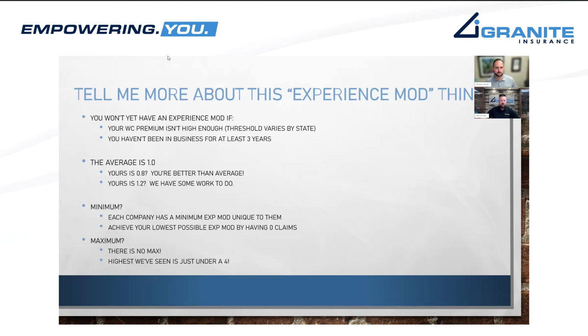I got distracted there because I see a question here. Let me pop over here. How do you determine the correct category of risk for your particular operation and various jobs? Is that determined by the insurance provider? That's a great question, Ryan. The NCCI, National Council on Compensation Insurance, publishes every class code, and in the class code, they'll give a description of what is to go into that class code.